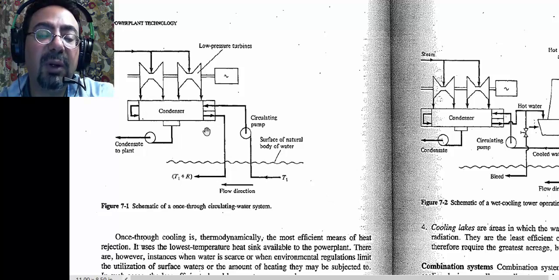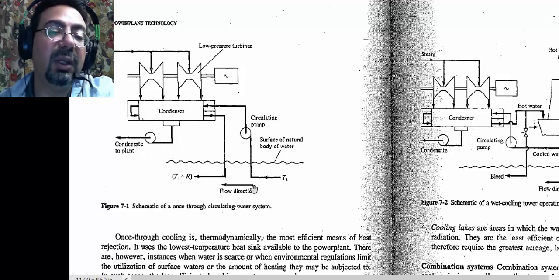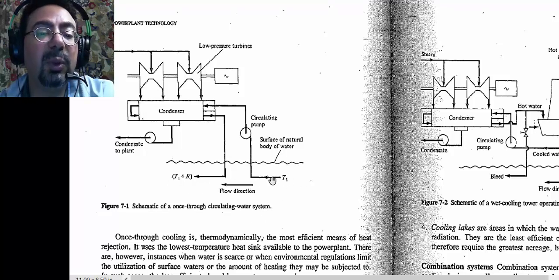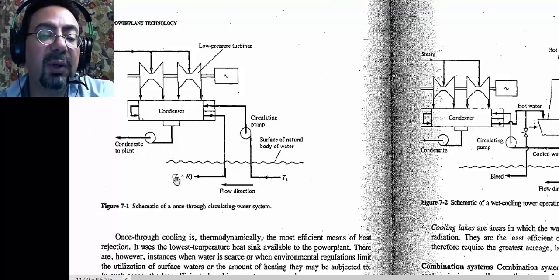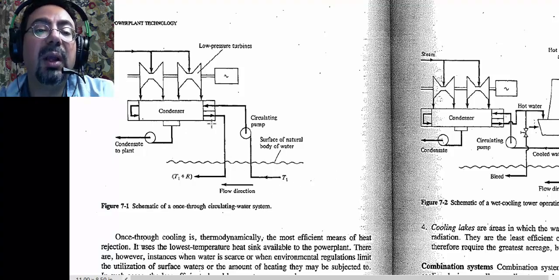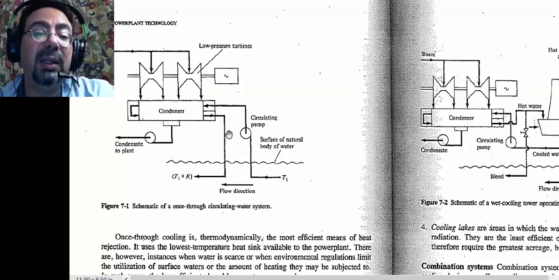This could happen from the river, right? When I was an undergrad, I was trained in a steam power plant sitting next to the river, and that's what we did. We just took water from the river and sent it back to the river. Okay, so the problem with this is that of course you have a screen here to stop the fish from coming into your condenser, but you get a lot of mud, and therefore that condenser gets dirty and needs to be cleaned.